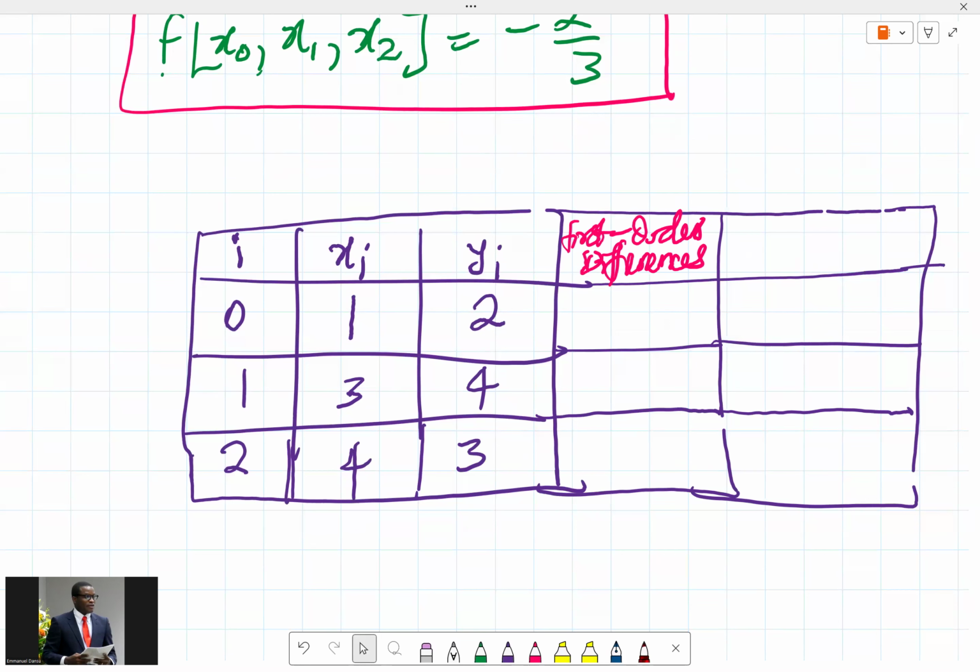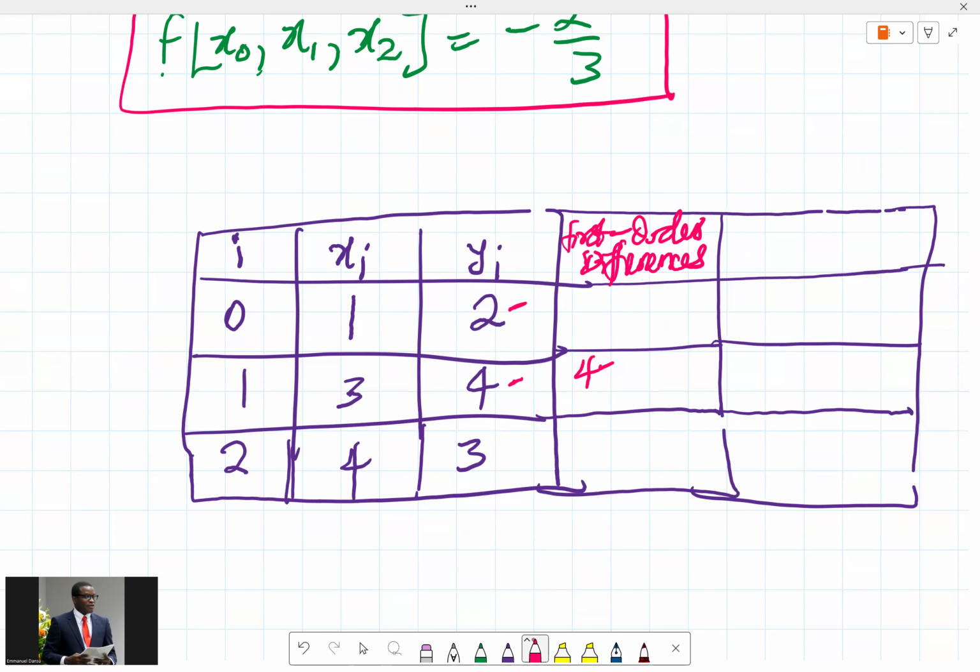Let's just shift it down. The first order difference is simply going to be f of x1 minus f of x naught, over x1 minus x naught.